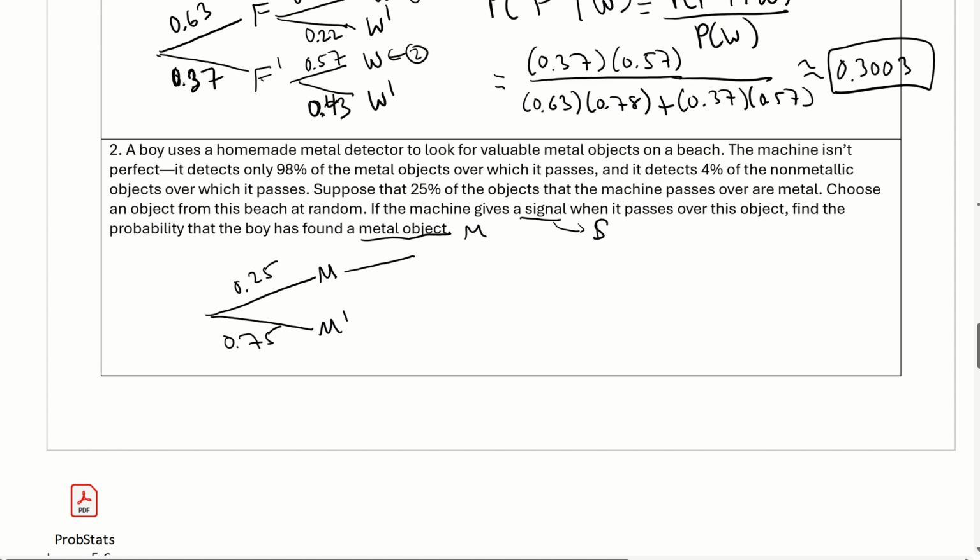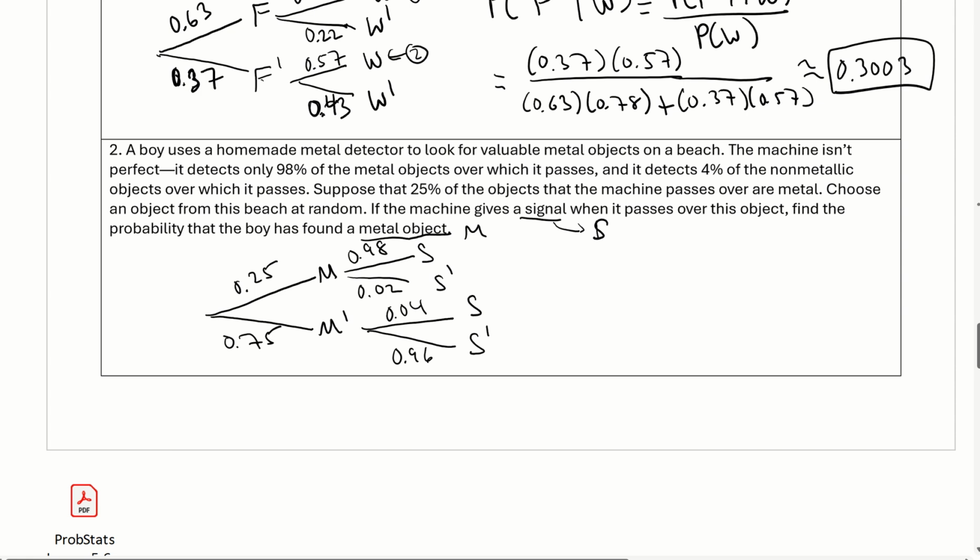And then now it says of the metal objects, it detects 98% of them, so signal, 0.98, which means that it does not give a signal for 2% of the metal objects. Of the plastic or non-metallic objects or anything like that, it detects 4% of them, and it does not give a signal for 96% of them.